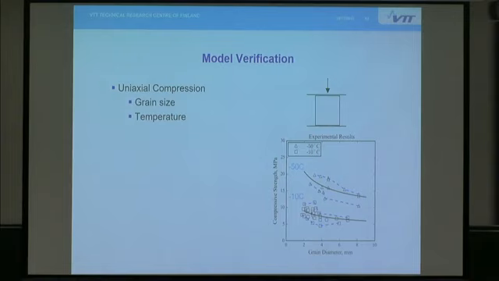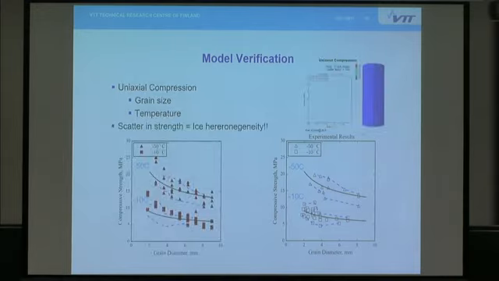These are compression test results of Erland Schulson as a function of grain diameter, and there's compressive stress at -10 and at -50 Celsius. And here we have simulation results in red.